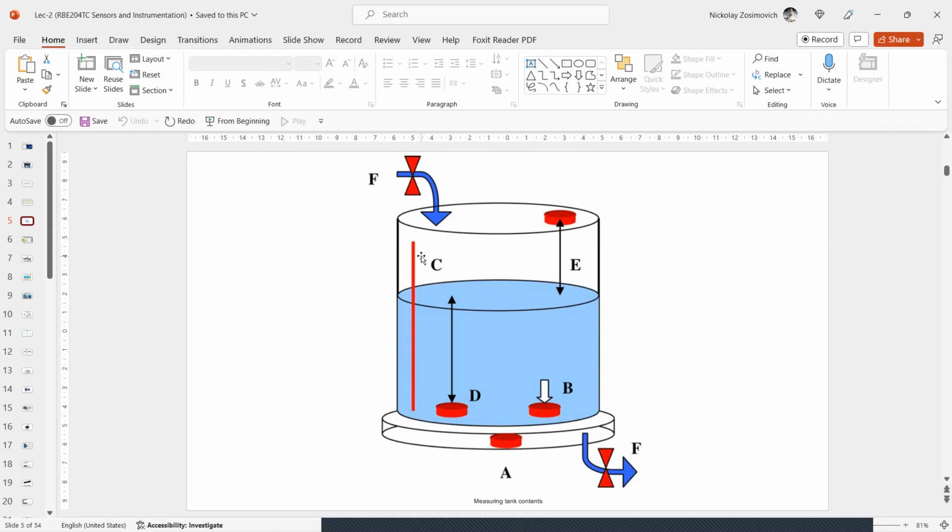D, in this bottom, the level detector on the bottom, measuring the column height. E, here in this part, the level detector from the top of the tank, measuring the height of the empty part. And F, mass or volume flow meter at both inlet and outlet.